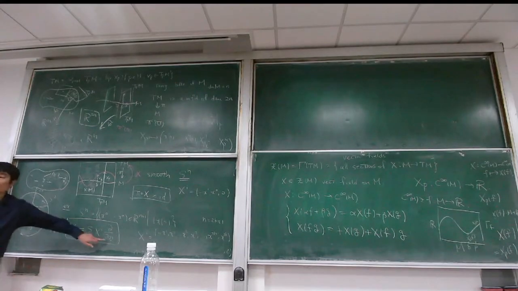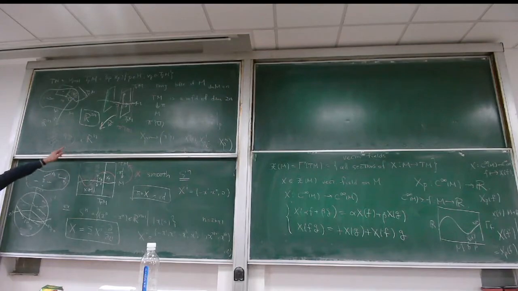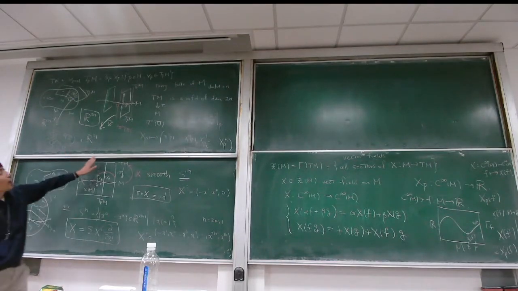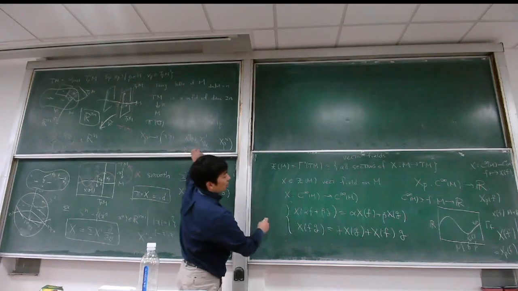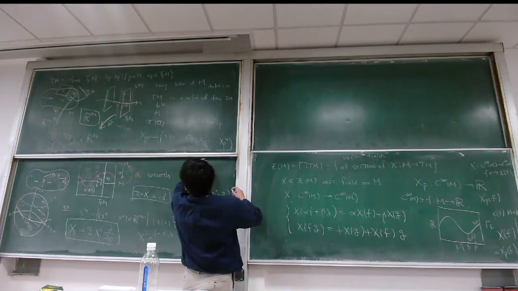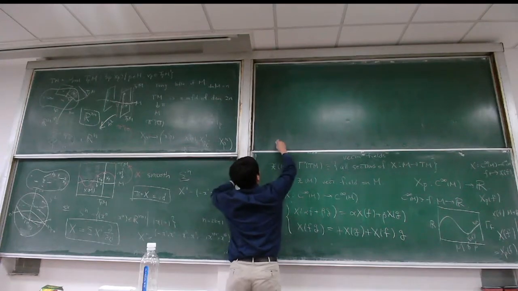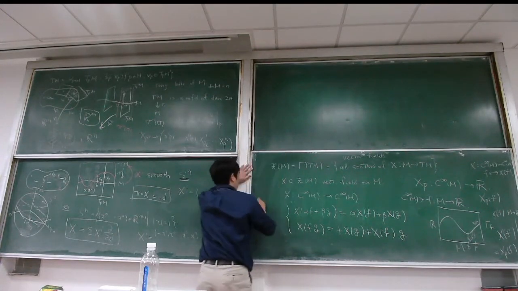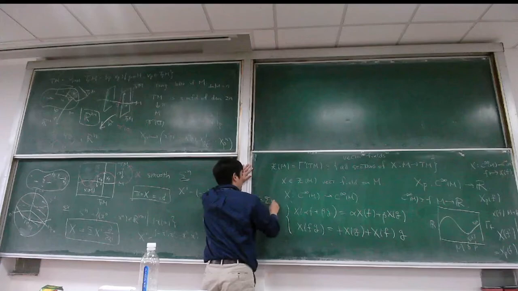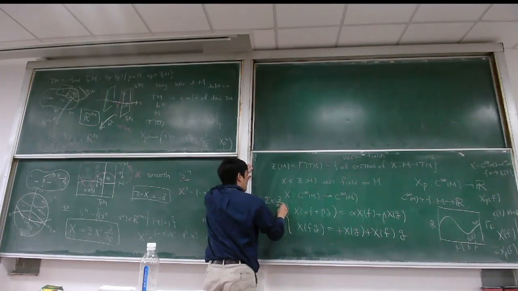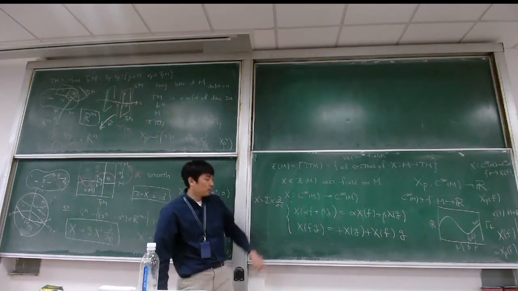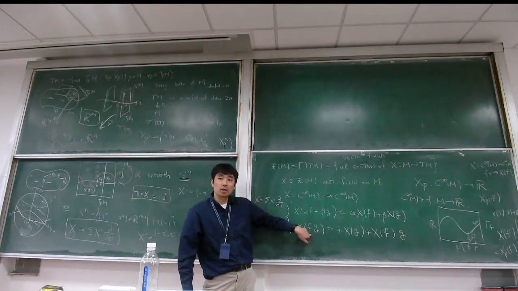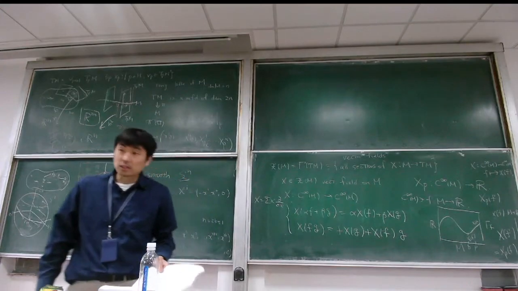If you use a local coordinate, each vector field can be written as X^i partial_i. It's a first derivative, so it should satisfy the Leibniz rule. Any questions?